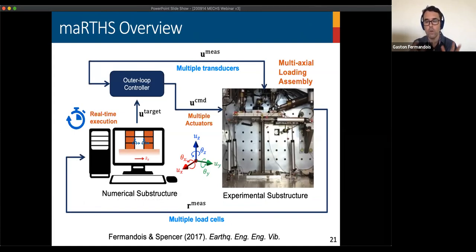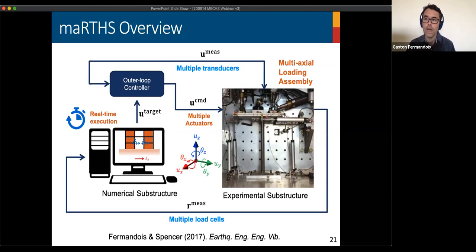Basically, we're going to calculate all the displacements at the boundary from a numerical substructure. We're going to command those displacements over our multi-actuator loading assembly. We're going to measure the restoring forces properly, and we're going to send that signal into the numerical substructure to continue with the numerical integration. Everything is done in a very small time step, so it's basically a real-time system in that sense.